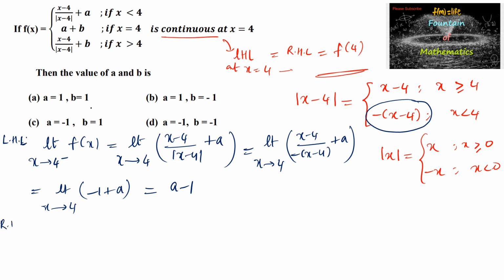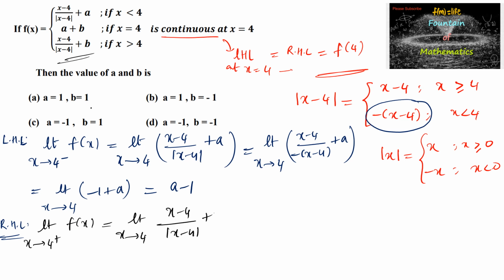And right hand limit, as x tends to 4 plus of f of x, is equal to limit as x tends to 4. It's above 4, which means we consider the second function, x minus 4 by mod of x minus 4 plus b, which is equal to limit as x tends to 4.